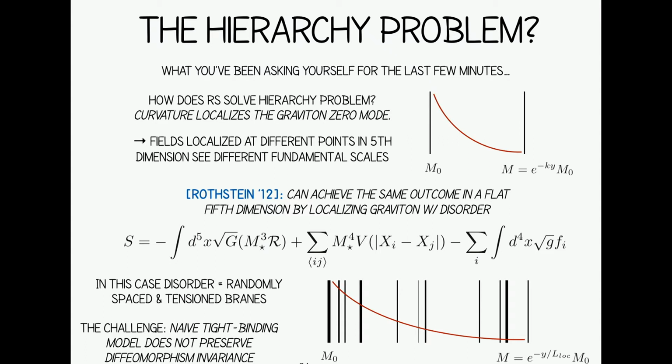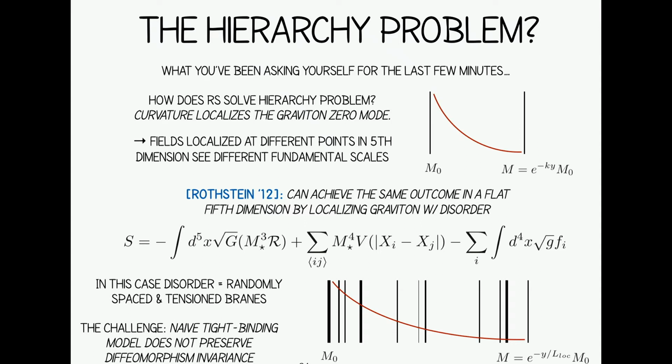So what happens in that setup, with the bulk AdS5 and the Higgs localized at one end, loosely speaking, is that curvature localizes the zero mode of the graviton. There's a 4-dimensional graviton that comes out of this theory that we associate with our graviton, but it's not uniformly distributed in the extra dimension. In particular, it has some exponential profile.